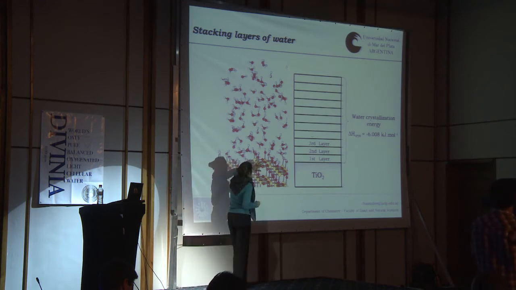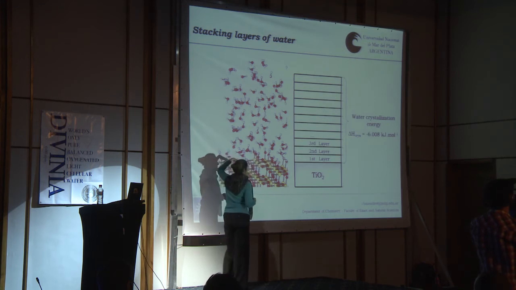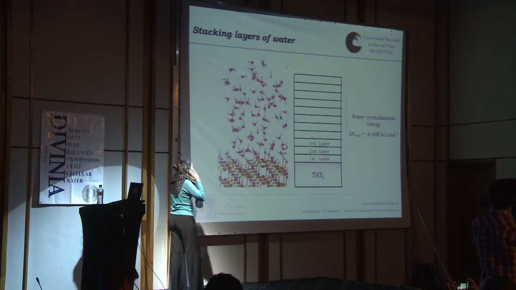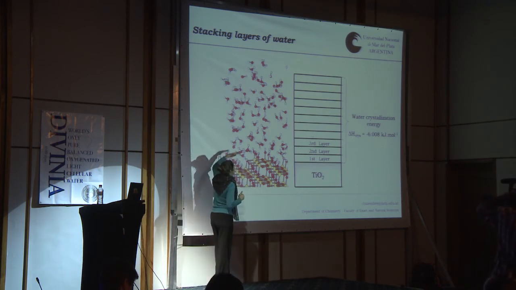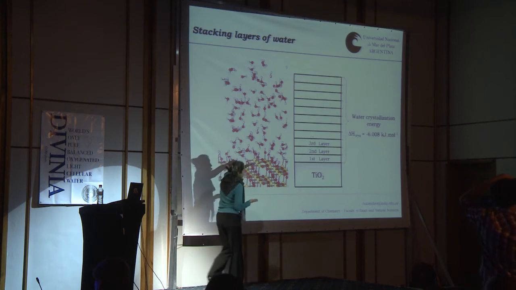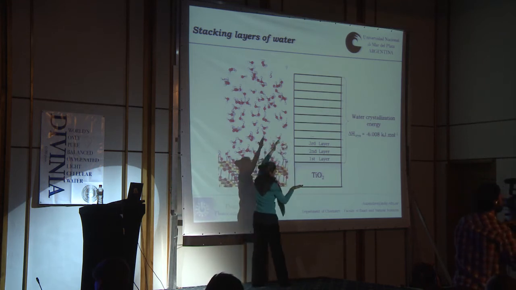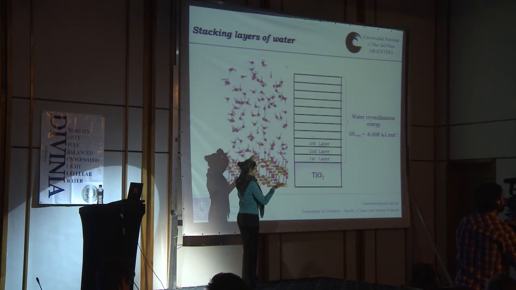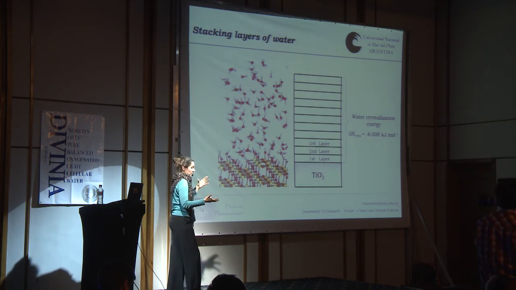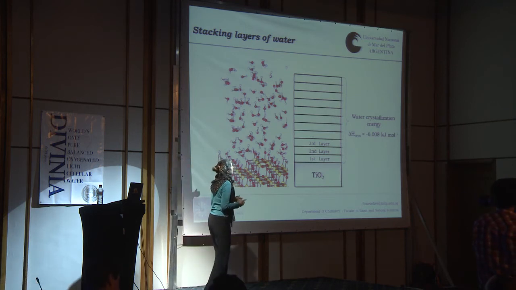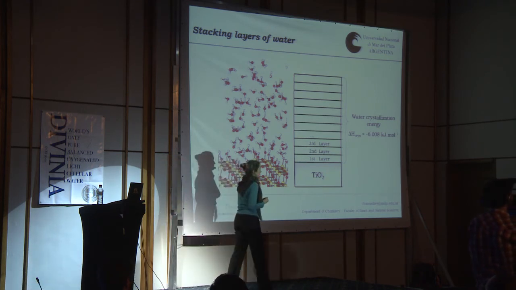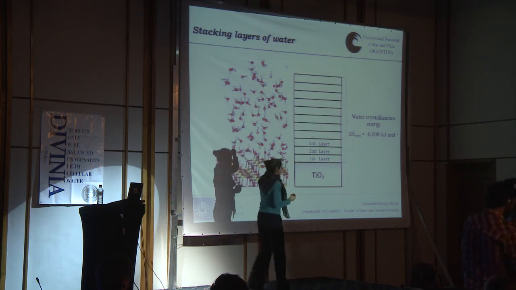This is a cluster, and the cluster of titanium dioxide is firstly hydrated by a first layer, molecularly or dissociatively adsorbing at it, and then by stacking layers of water, probably at one moment, we think that all these layers may organize themselves in a way that they can produce a structured system, perhaps similar to crystal water, knowing that crystallization is an exothermic reaction of around 6 kilojoules per mole.